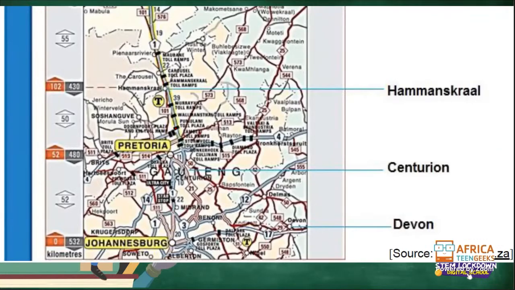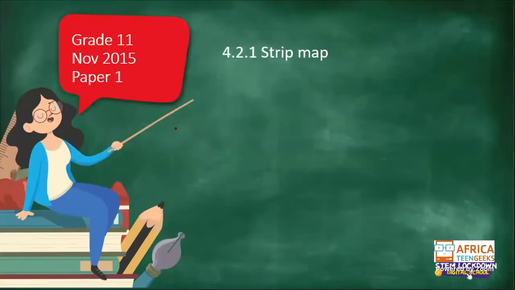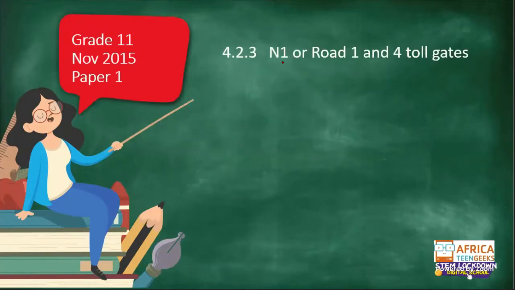So the correct answers I was expecting N1, or you could have just said road 1 because it's not written N, and there are 4 toll plazas, right? There are 4 toll plazas on this road. So 4 and road number 1, right?